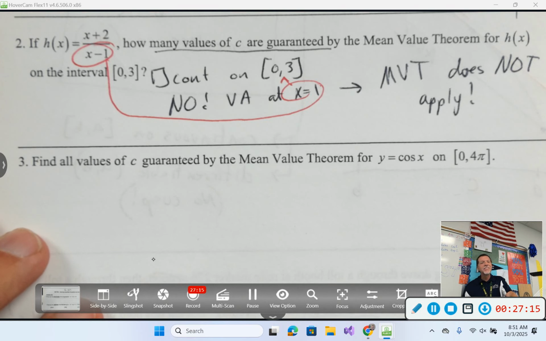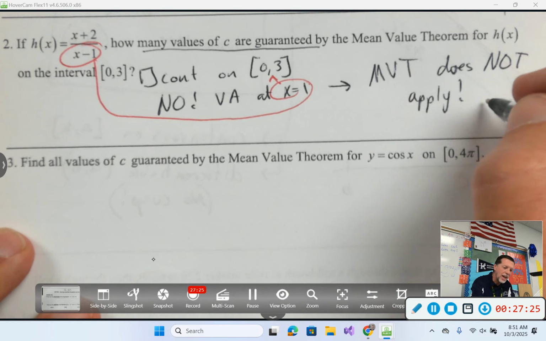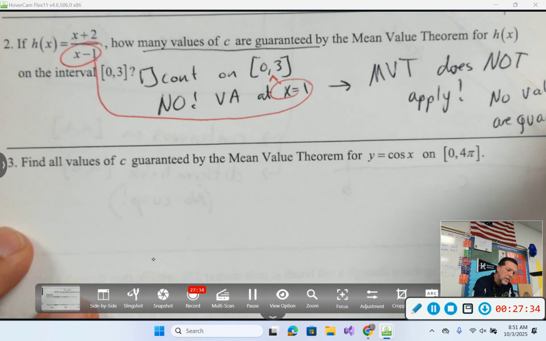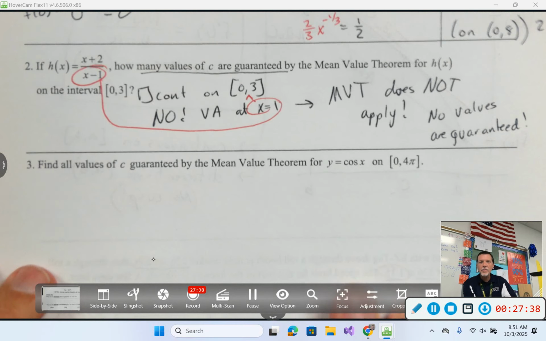We like those. I guess we need to answer the question, how many values are guaranteed by the MVT? Well, if MVT doesn't apply, then no values are guaranteed, because we weren't allowed to use MVT, because that thing was not continuous.